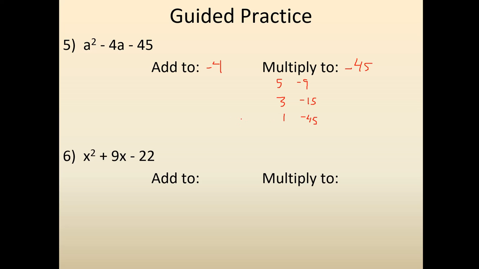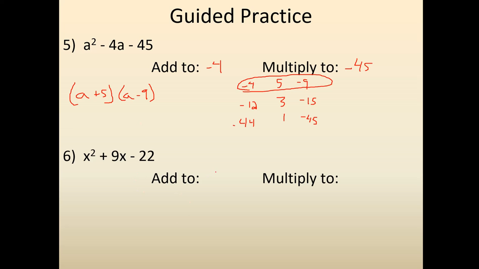So adding these up, this ends up being negative 44. This will end up getting you negative 12, and this is negative 4. So this is the one we're using. That means my factors are going to be a plus 5 and a minus 9.